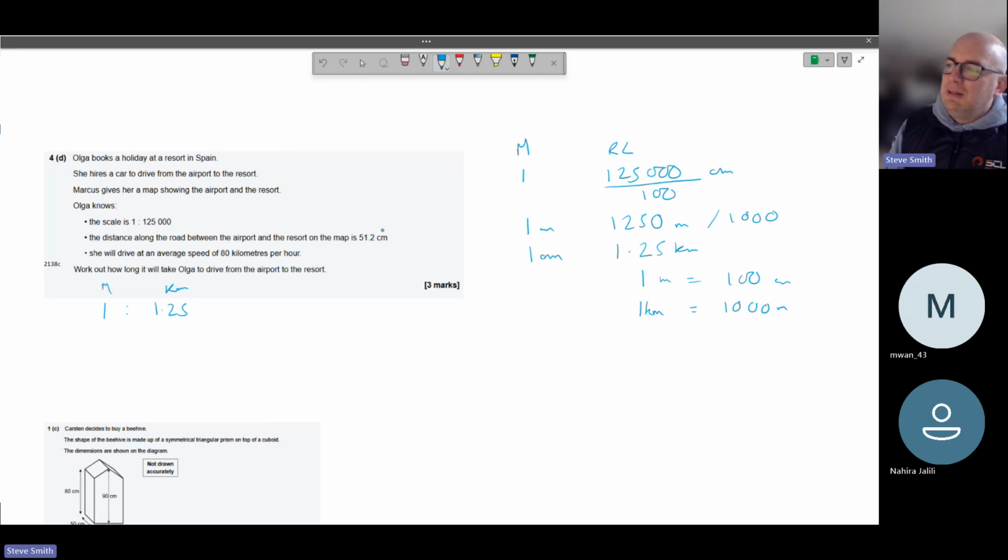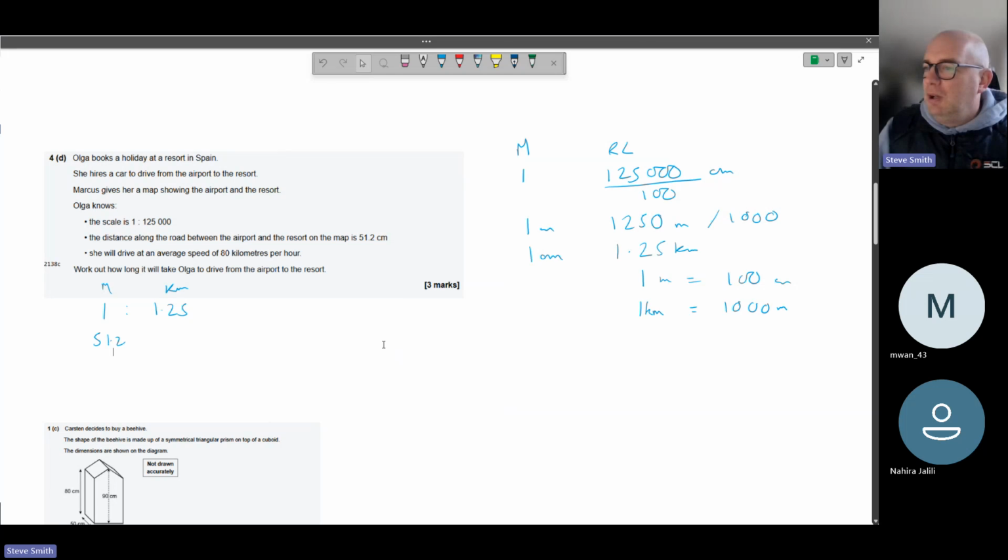51.2 centimeters. So if we times this number by 51.2, because it's in here, that says 51.2, we're going to get our number here. Look, because every 1 centimeter is that, we want it 51.2 times bigger. So we need this number 51.2 times bigger. So we're going to times that.